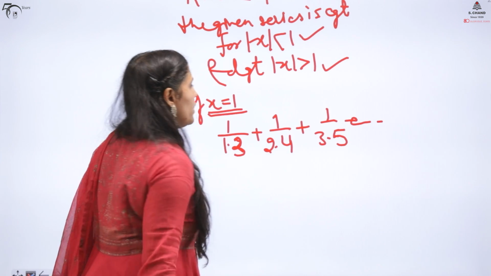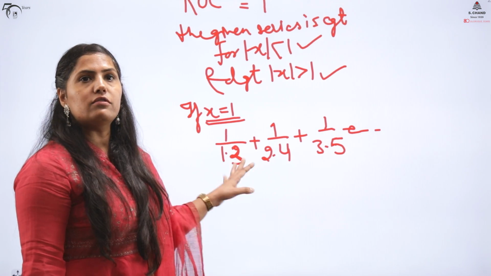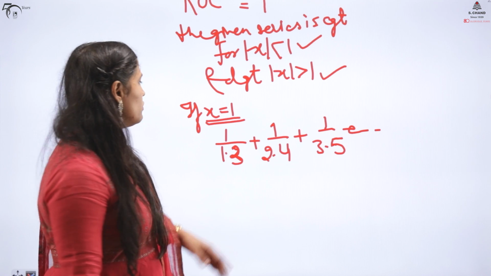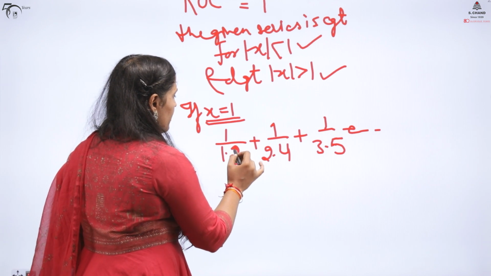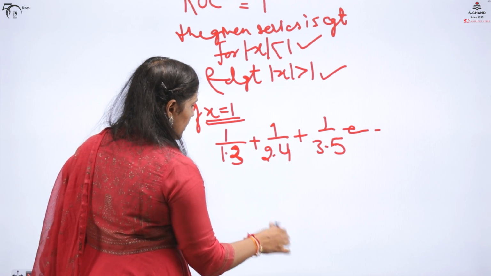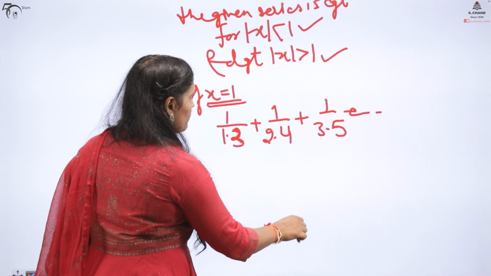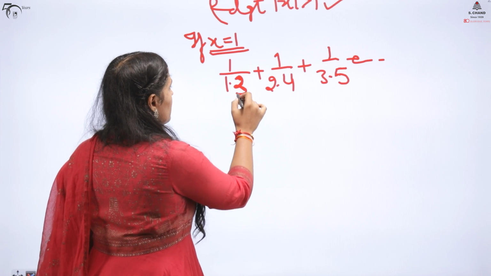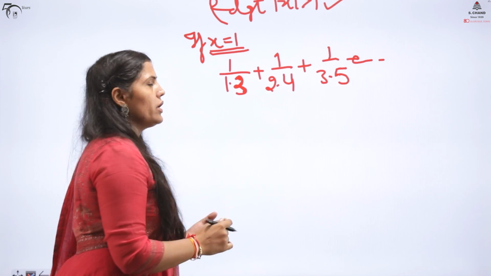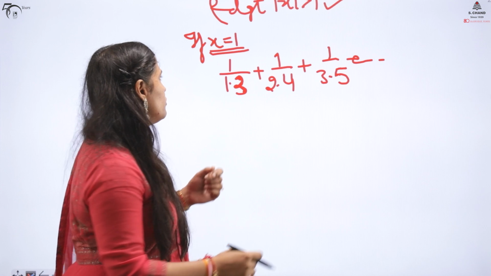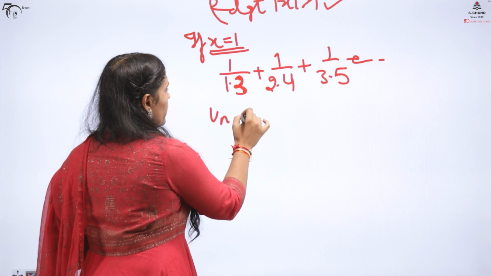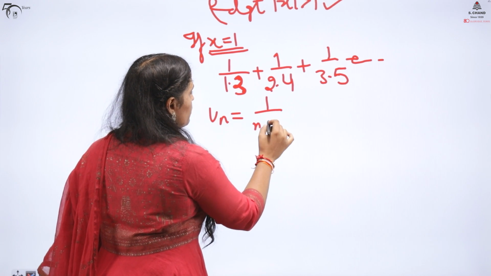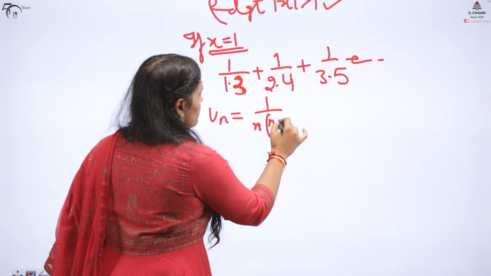I have substituted x as 1. This is not a power series, everyone. So here you will not apply any radius of convergence concept. But we have tests: comparison test, root test, ratio test. Let's see which will be applicable. So what is my un? We have already done it, only x we have substituted as 1. So this is my un.